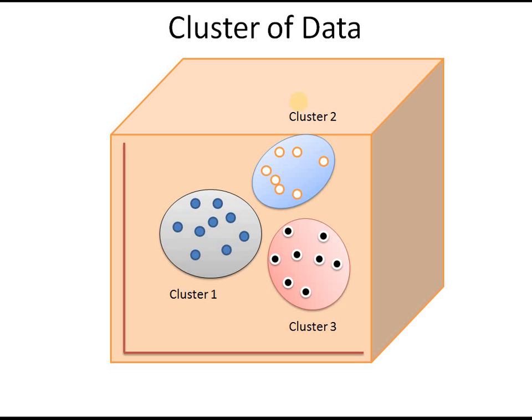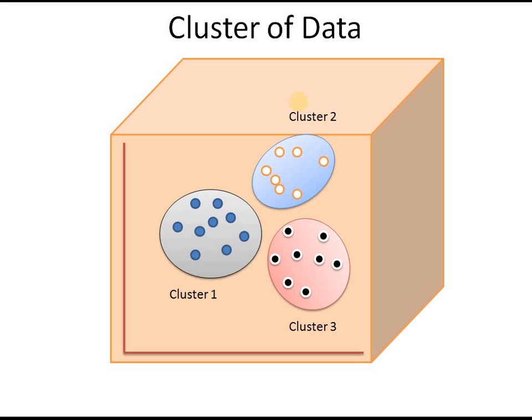A cluster of data objects can be treated collectively as one group, and so is considered a form of data compression. Cluster analysis tools based on k-means, k-medoid, and several other methods have also been built into many statistical analysis software packages like SPSS and SAS.